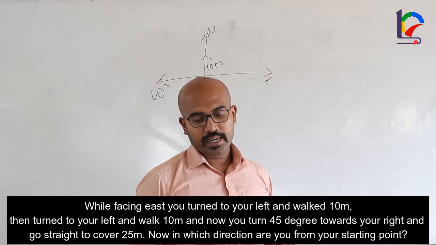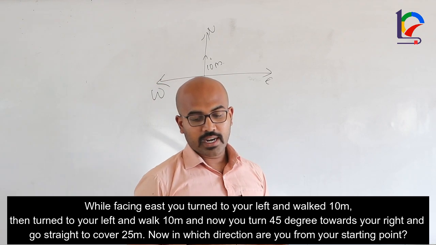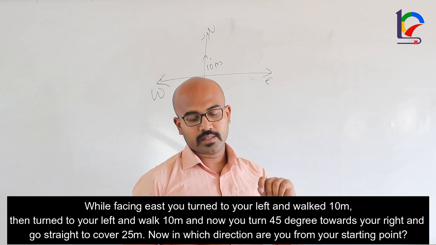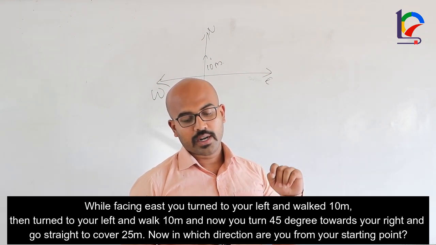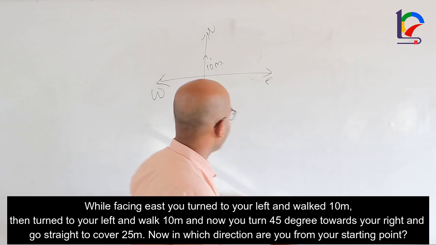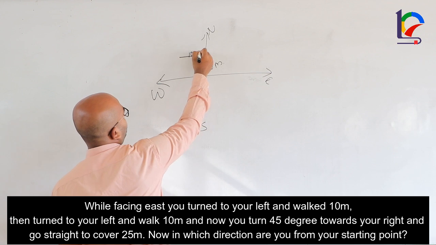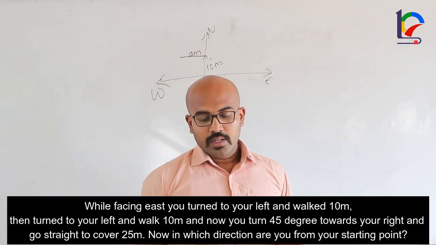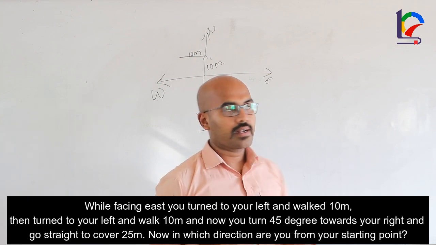So then I turn right and go 5 meters. Then turn to your left and walk 10 meters. Then again I turn to my left and walk 10 meters. And now you turn 45 degrees towards your right.